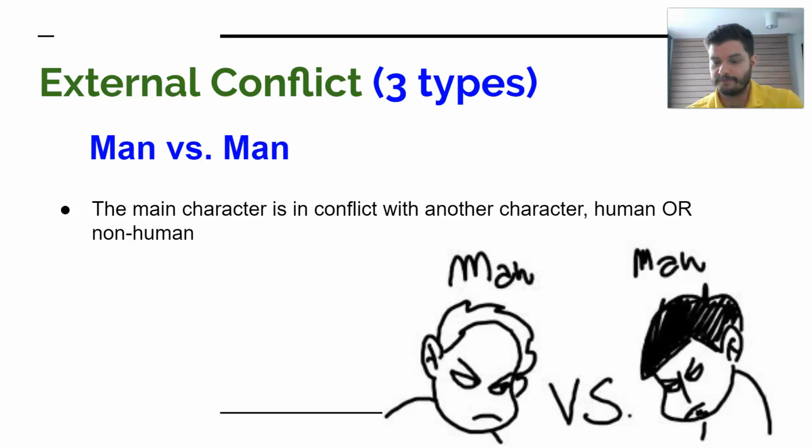If, on the other hand, you've got a protagonist who's a human, and he or she is in conflict with, let's say, a bear. That protagonist is lost in the forest, and they have to survive from being chased by a bear. If it's just a regular bear who doesn't speak and act like a human and think like a human, then that would not be man versus man.